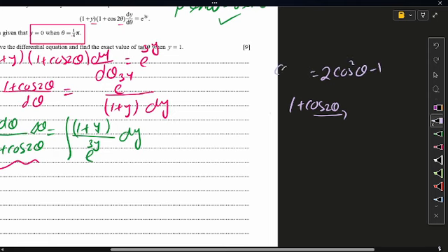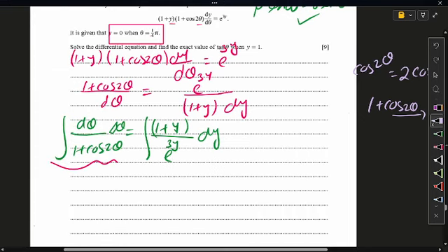That could be written as cos of 2 theta. If I apply that formula over here, that makes my simplification easy. So let's do it. I'm just solving that side first. I will solve the other side later because integration by parts will be applicable. So the integral of 1 over 1 plus cos 2 theta d theta.